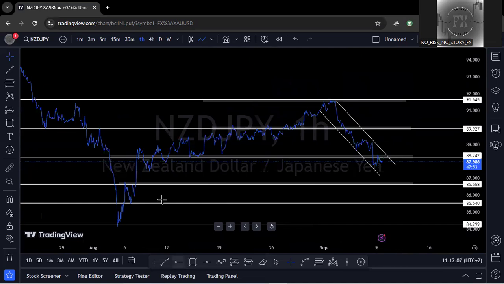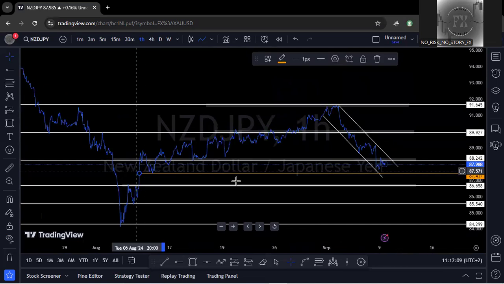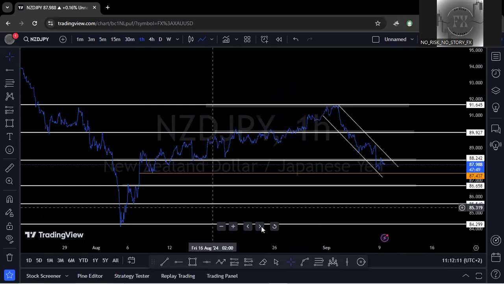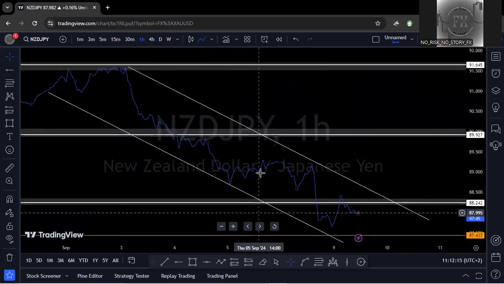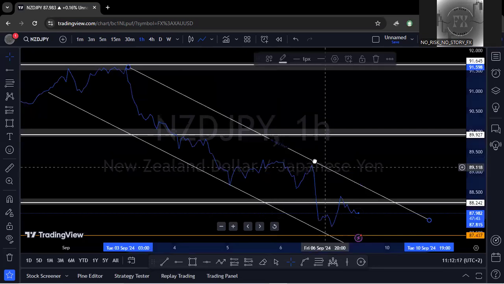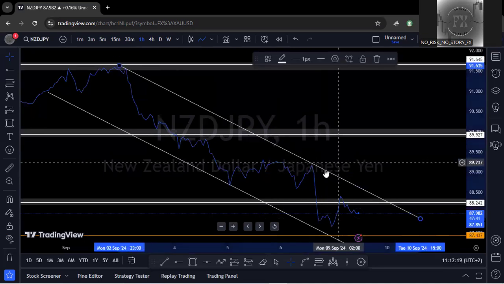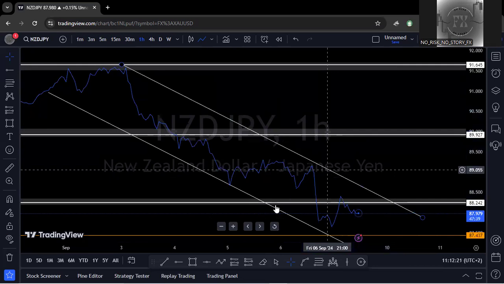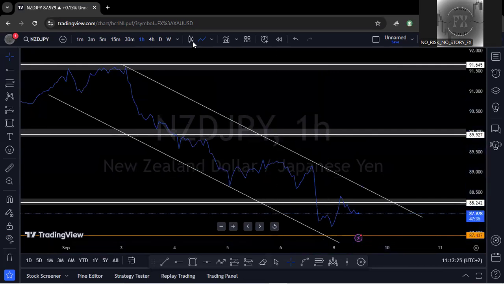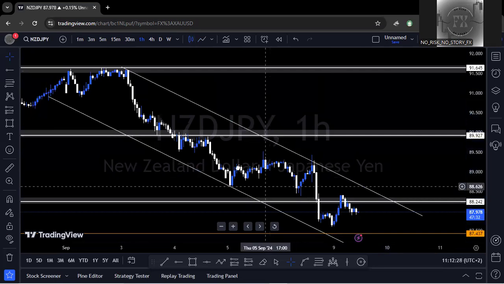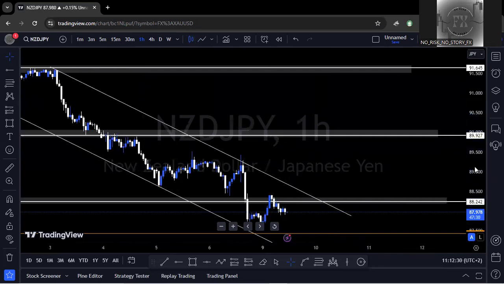I like to highlight this zone, and adjust my trend lines, and switch from my line chart to my candlesticks.